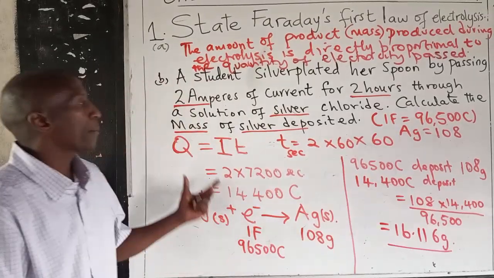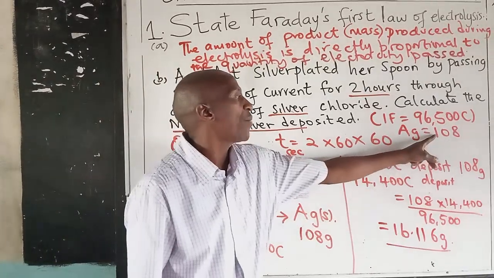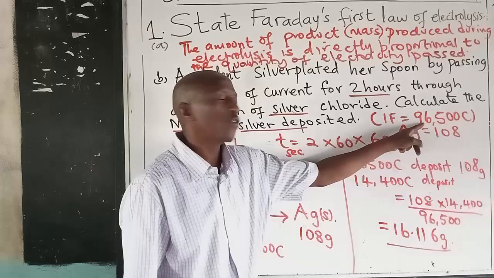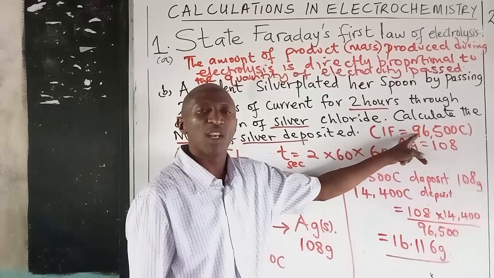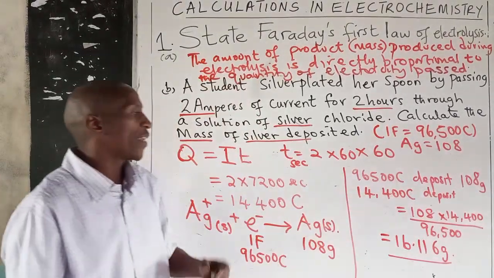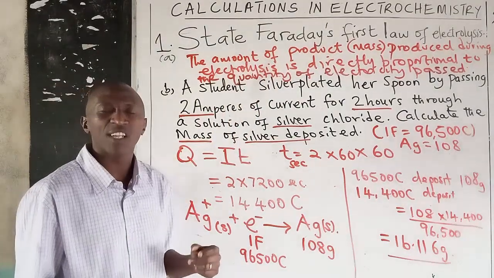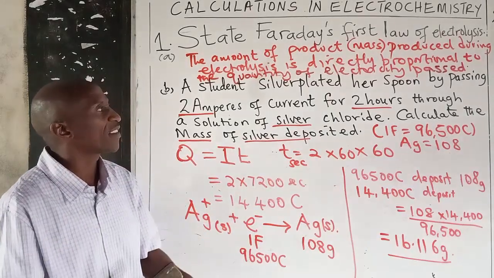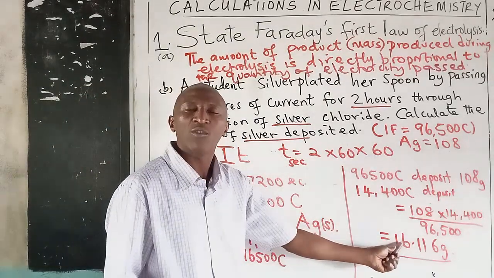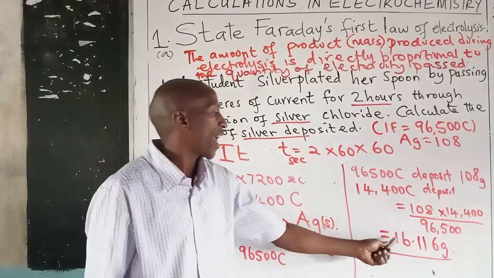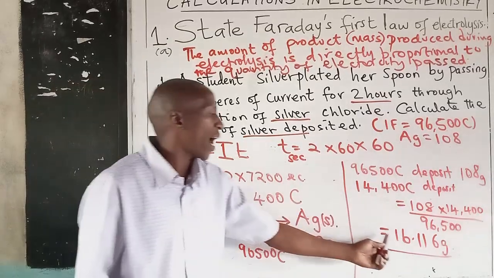And so that means, you can see, we were not able to deposit the whole 1 mole because our amount of charge was less than 1 Faraday. It was below 96,500. So we are now seeing the implication of the first rule: the greater the quantity of electricity passed, the greater the mass in grams of the solid that we are producing.